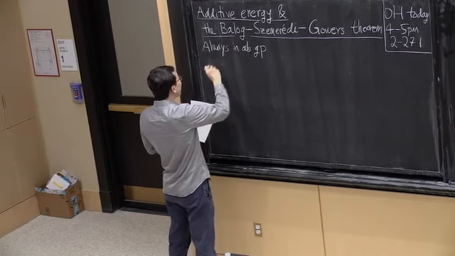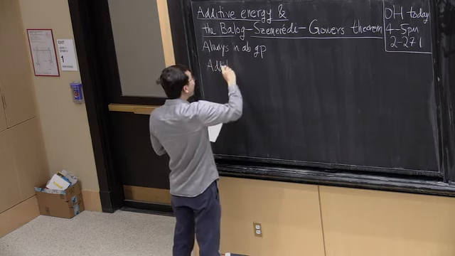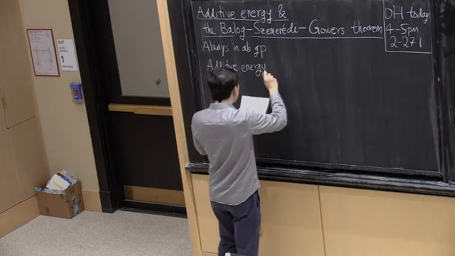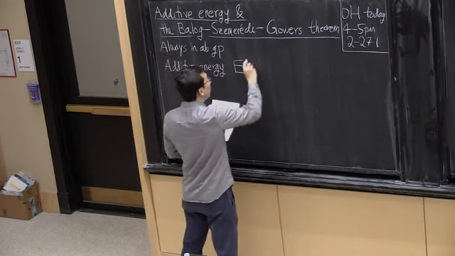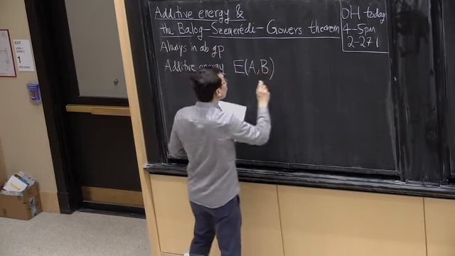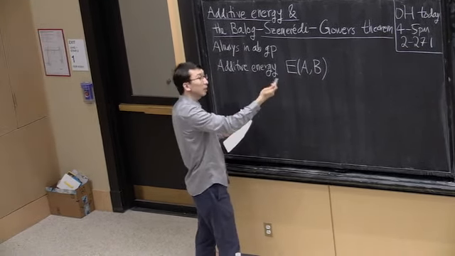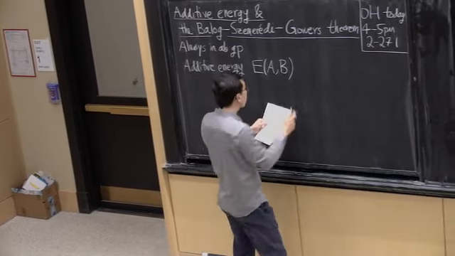Given sets A and B, we define the additive energy between A and B, denoted by E of A and B. So A and B are subsets of this arbitrary abelian group.